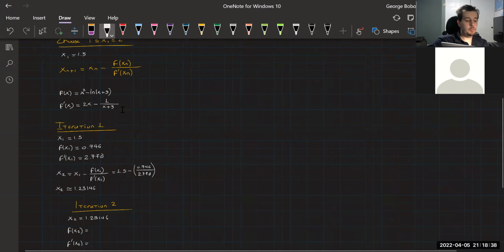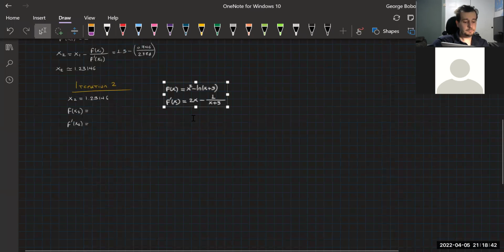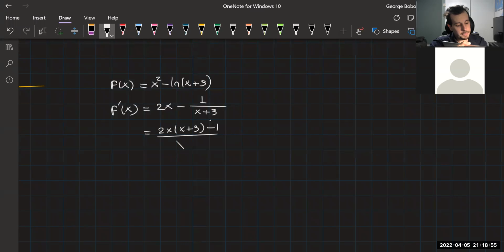I want to carry these with me because I forget what they look like. Honestly, we can work a little bit on the derivative to make it look better. I'll cross multiply to get 2x times x plus 3 minus 1 over x plus 3. And this will be 2x squared plus 6 minus 1 over x plus 3.